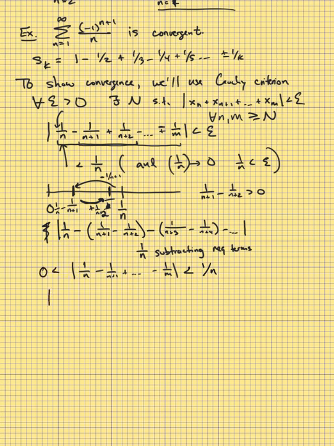So you can see this by taking 1 over n minus 1 over n plus 1 plus 1 over n plus 2 minus 1 over n plus 3, and so on. Okay, again, it's going to be either plus 1 over m or plus 1 over m minus 1 minus 1 over m.